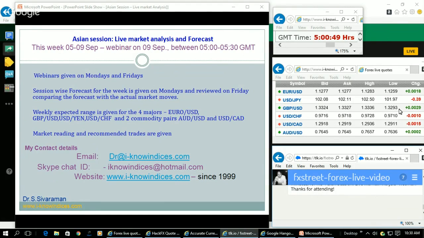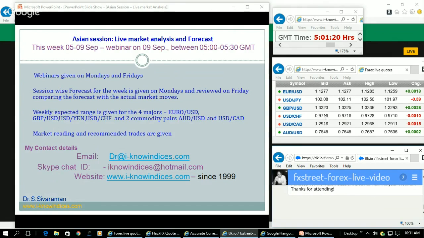If you look into the live market quote page, Euro went up from 1.11 to 1.13, then started sliding. GBP also went up to 1.33 and then 1.34 and then started making the slide. USDJPY from 104 came down to 101 and then started recovering to make a further slide today towards close of the US session.